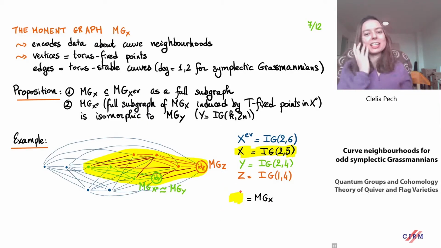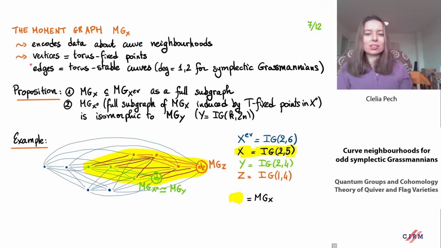Now, let's try and move closer to our goal of studying curve neighborhoods. There's an object called the moment graph, which will encode a lot of the data we will need to study the curve neighborhood. And that's something I'd like to explain. So this is just a graph. It is not oriented, even though in the picture it might look like it is, but it is not.